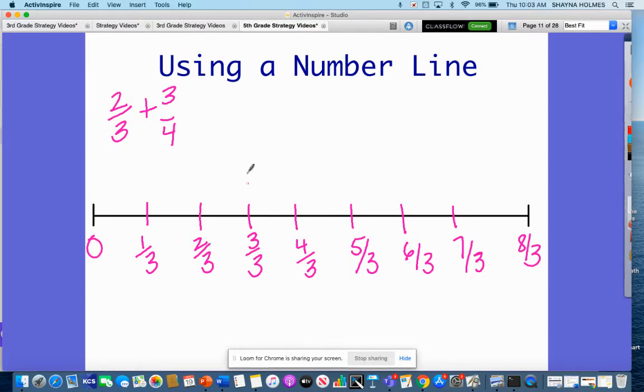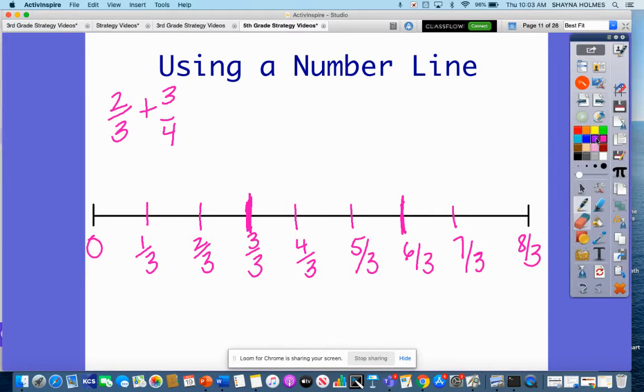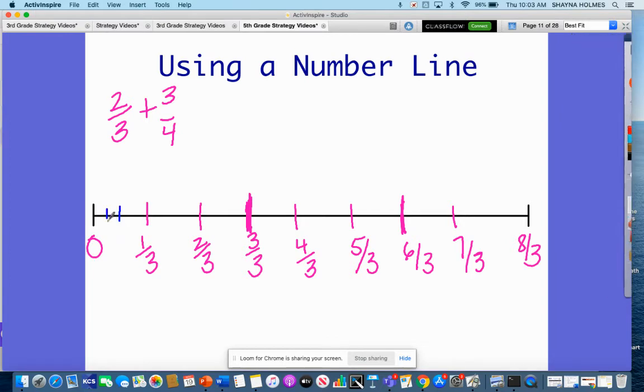So now I've got this broken into thirds. Know that right here is a whole, and then here would be another whole. Okay, so now I'm going to break each of these sections. Let's do blue. I'm going to break them into fourths.